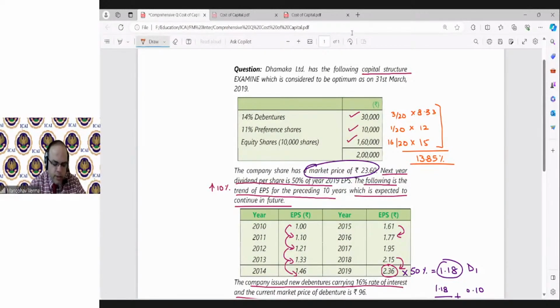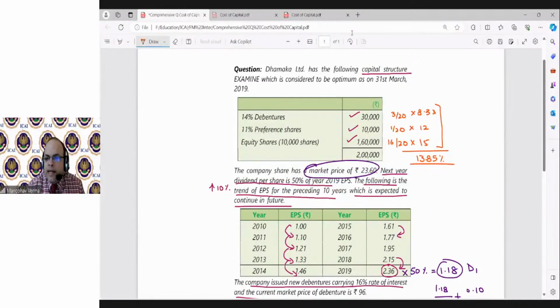Misha, can you just double check? I want some confirmation from others. Is it 13.85, everyone? Perfect. Very nice.